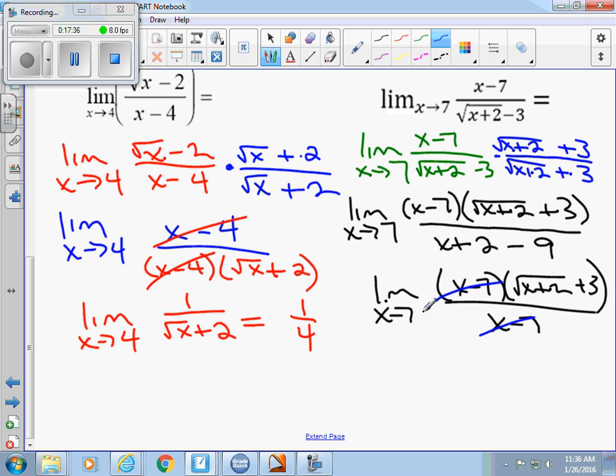And then what? Then plug in a 7. 7 plus 2 is 9. The square root of 9 is 3. 3 plus 3 is 6. Any questions about using conjugates to find limits?